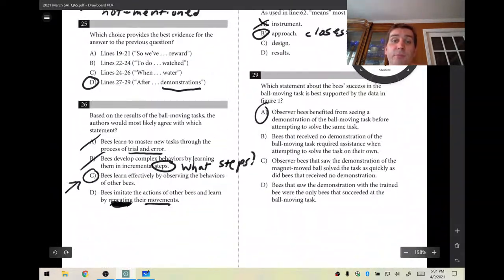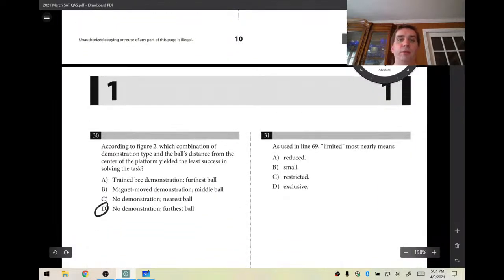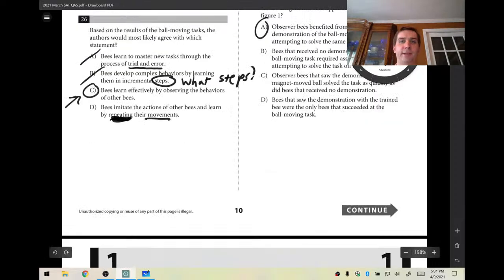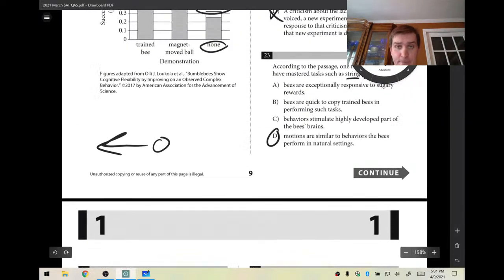That is incorrect. We're not reducing the number of neurons. It's just a small number of neurons. So you can limit the amount of something, but it may just be limited by default, and that's what we have here. Bees have limited brain capacity just by their very nature of being bees. So let's read small back in the sentence. Small should make sense.